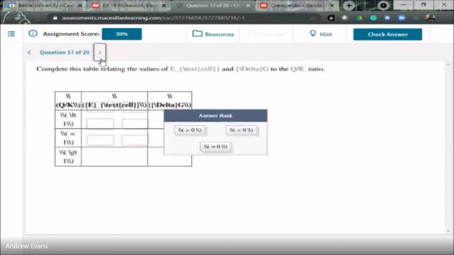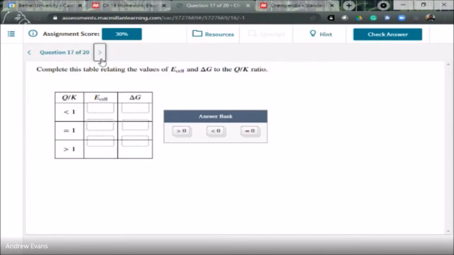So, same thing here. If Q over K is less than 1, that means that Q is smaller than K. What does that mean?